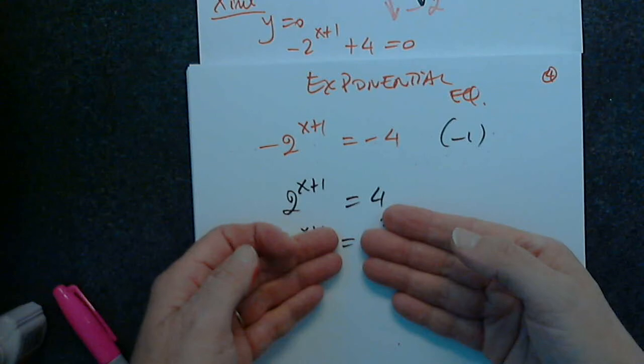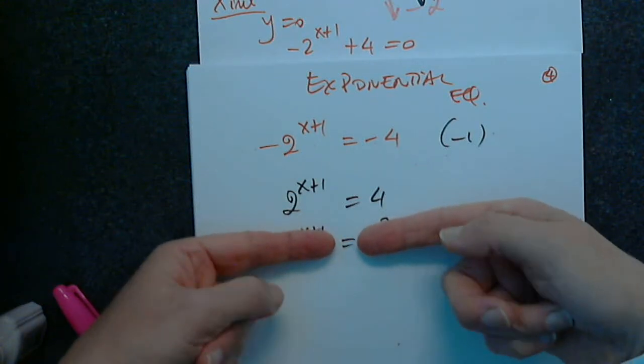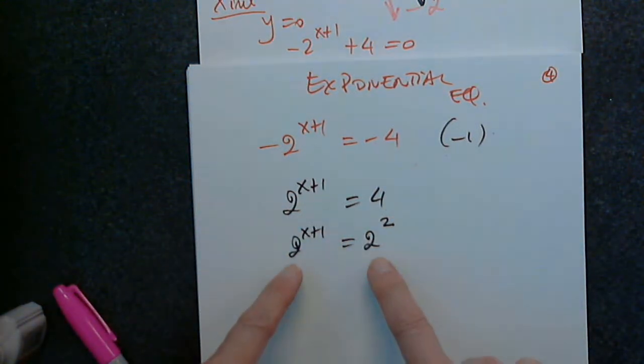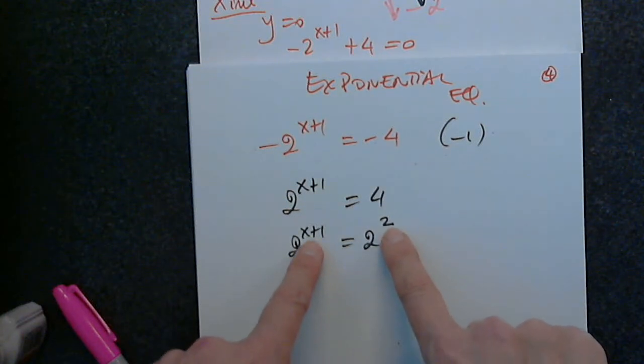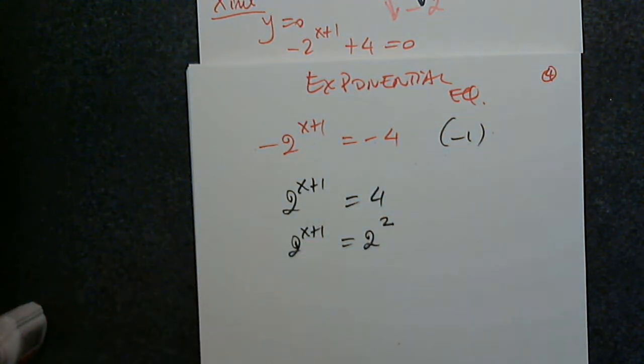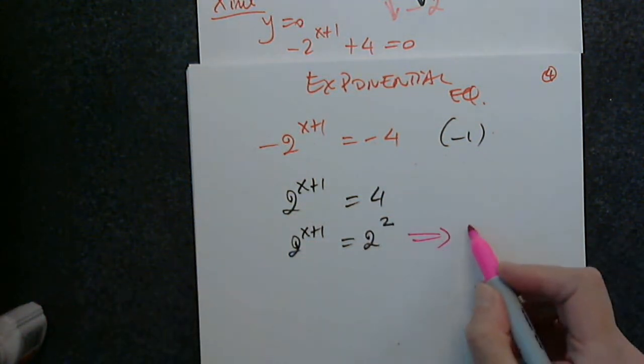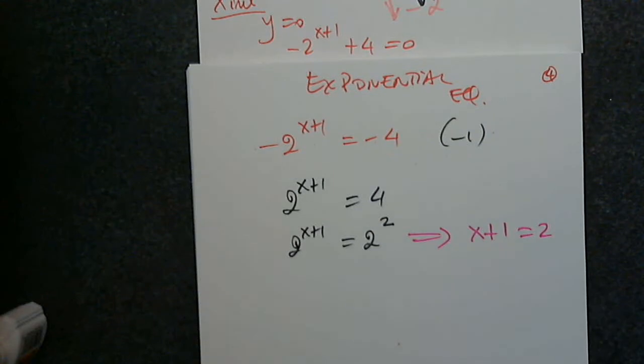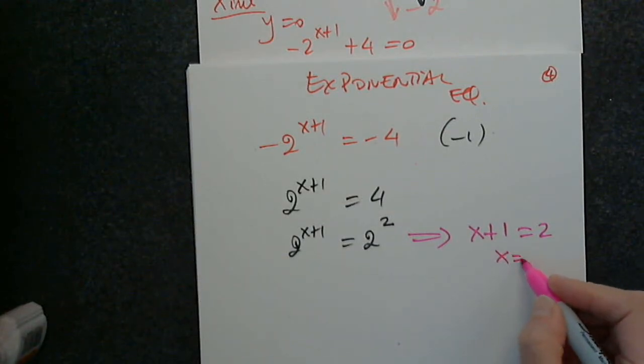We can only think: if 2 numbers are equal and they have the same base, what has to happen to their exponents? They have to be the same. Does it make sense? Indeed, if x plus 1, the power, does not equal the power on the other side, those 2 numbers will never be the same. So then x is 1.